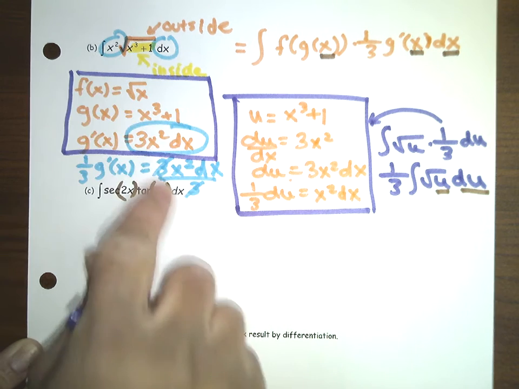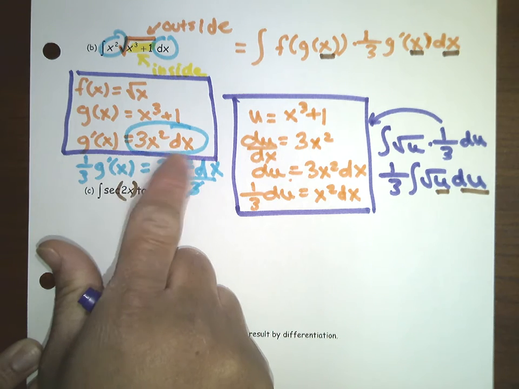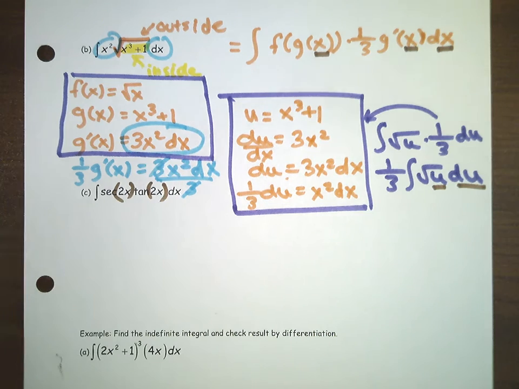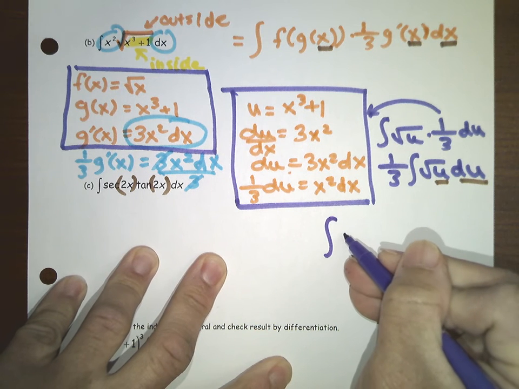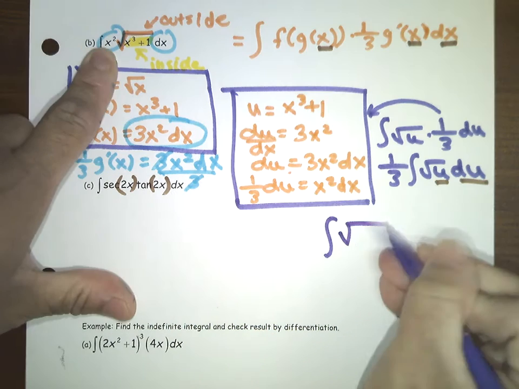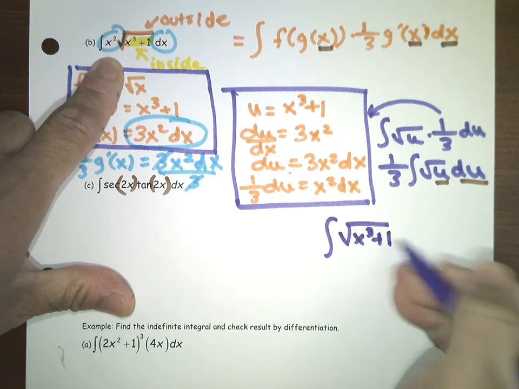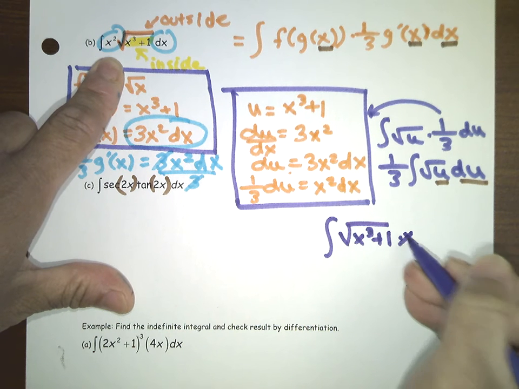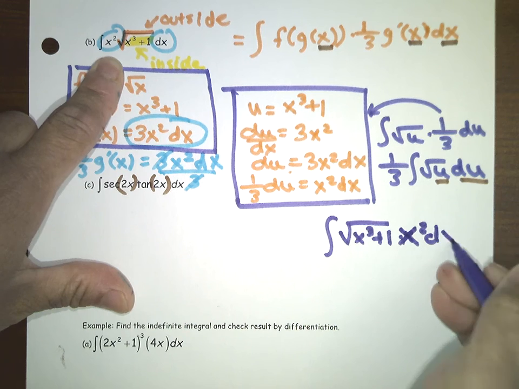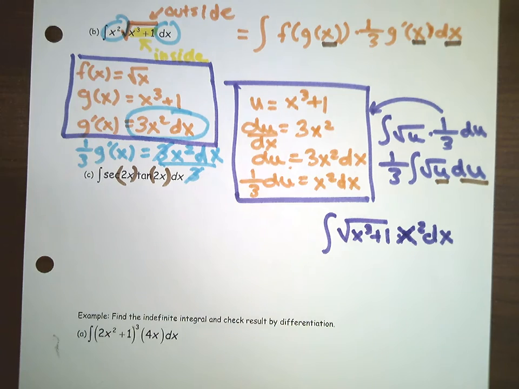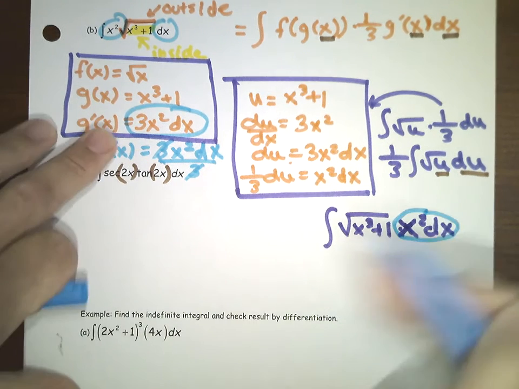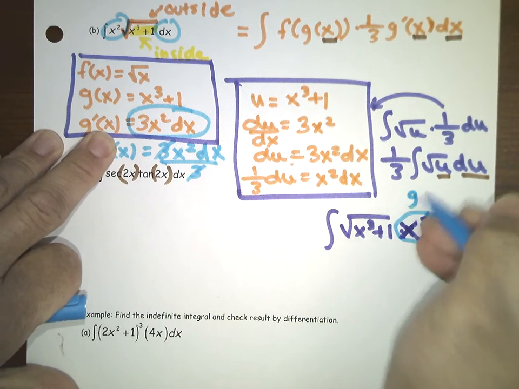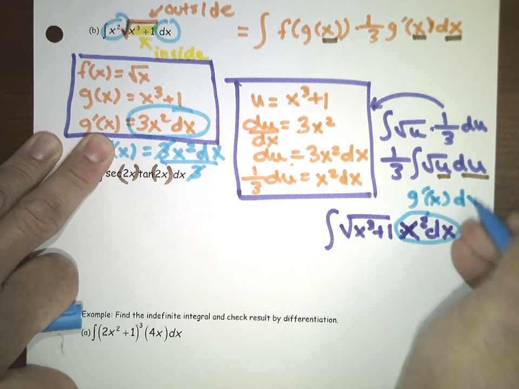If I know that the derivative has to be 3x squared, so think about it like this: if my original problem is the square root of x to the third plus 1 times x squared dx, right? But remember, I want this part right here to be the g prime of x dx.